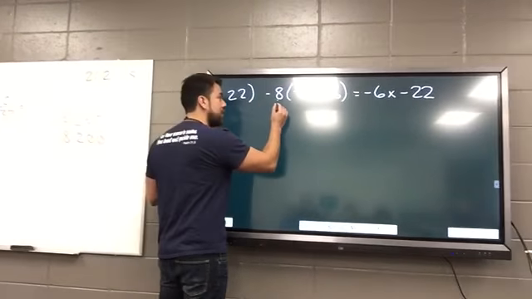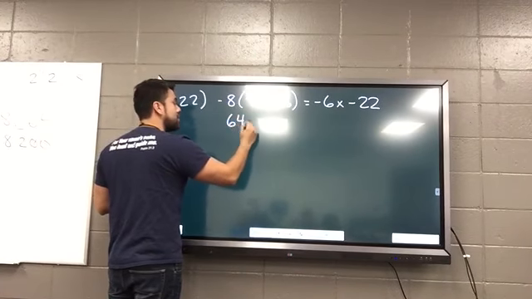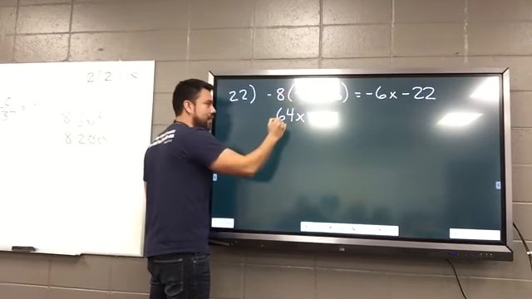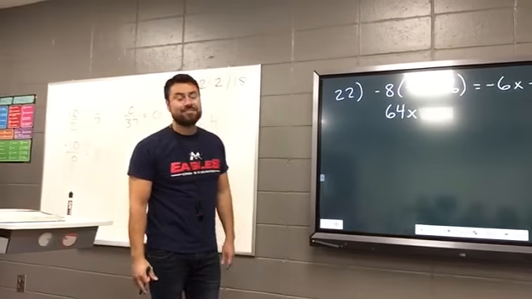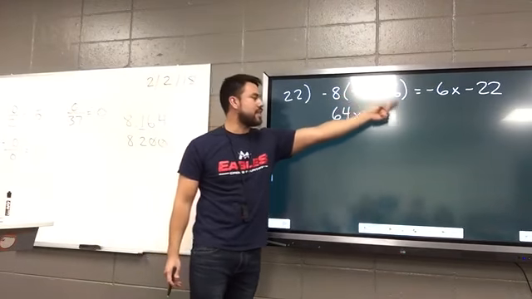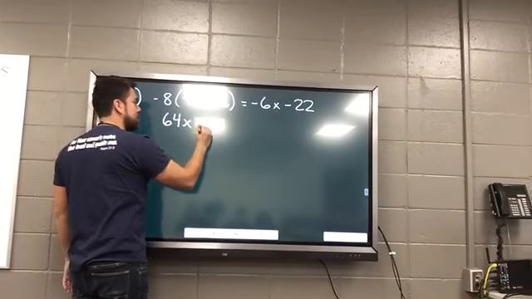Okay, I do negative 8 times negative 8x is positive 64x. What's negative 8 times negative 8? Yeah, let's finish up. What's negative 8 times negative 6?